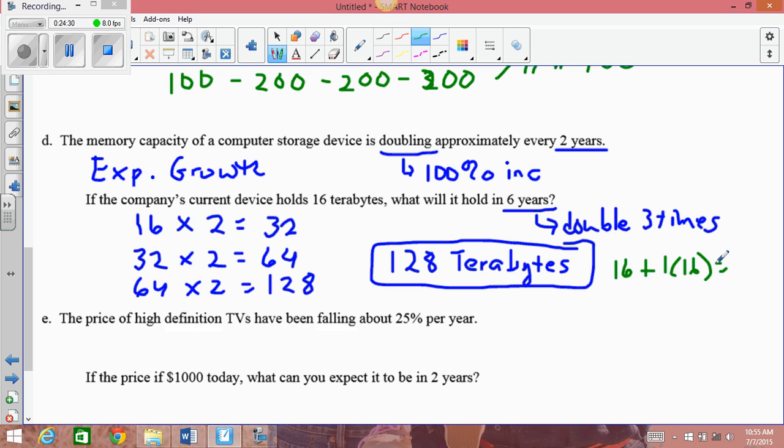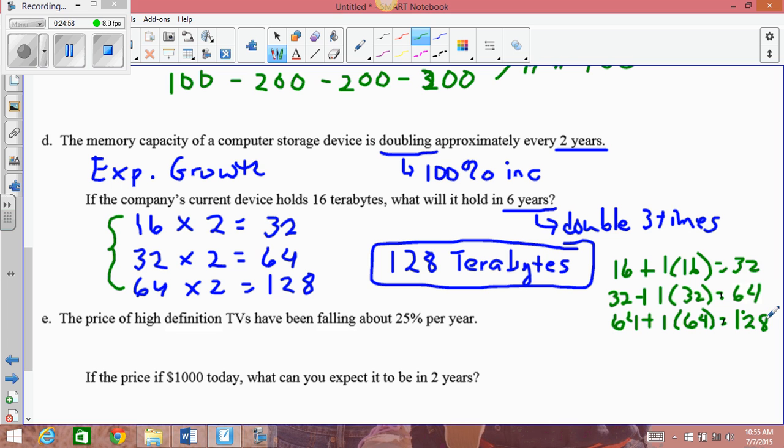And so 16 times 1 is just 16, plus 16 is going to give you 32. But that only takes into account the first doubling. So then you've got to repeat: 32 plus 100%, which is just a 1, times 32, which is going to give you 64. So that's the reason why I chose to do it this way over here on the left. And then likewise, you can do it one more time. 64 plus 100% would just be 1 times that 64, which would give you 128. So just so you know, you could use the formula.